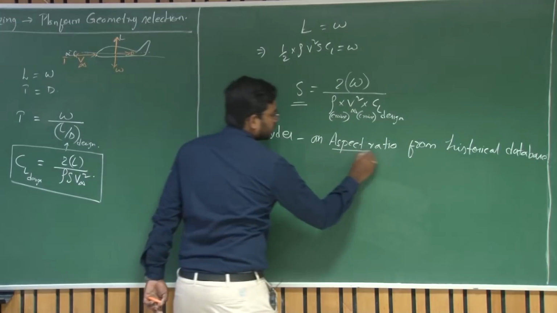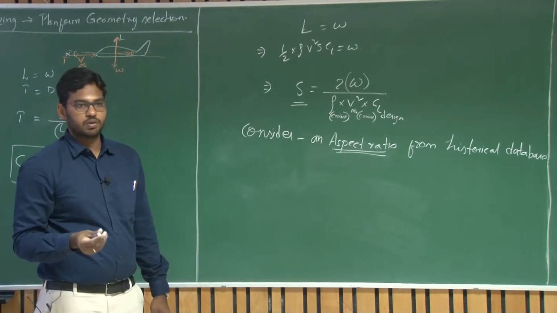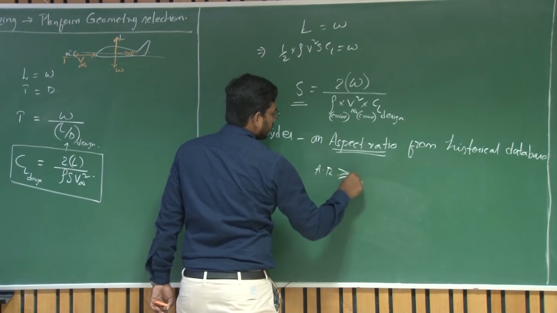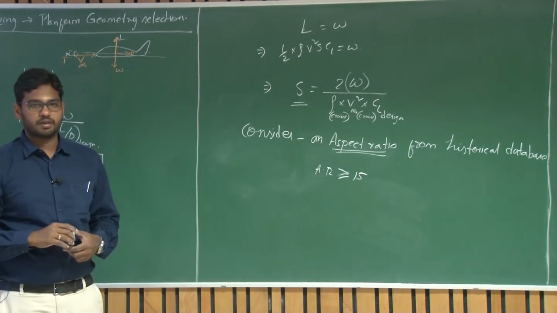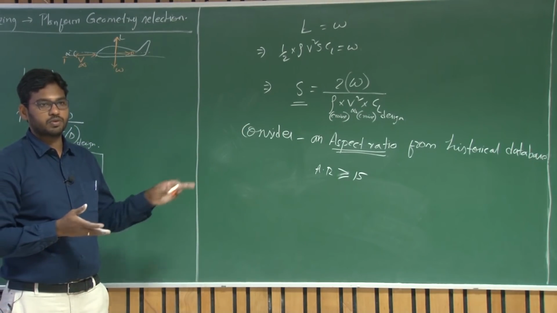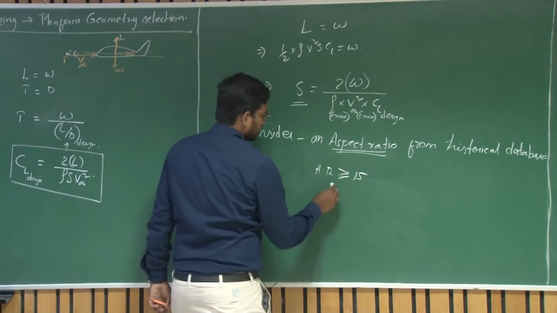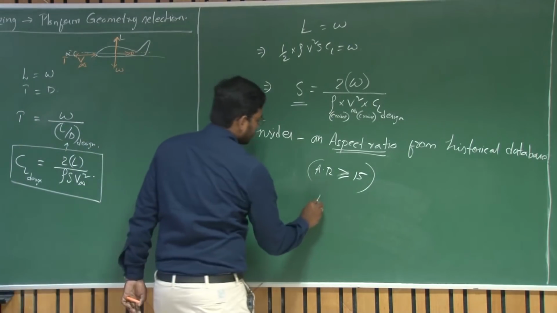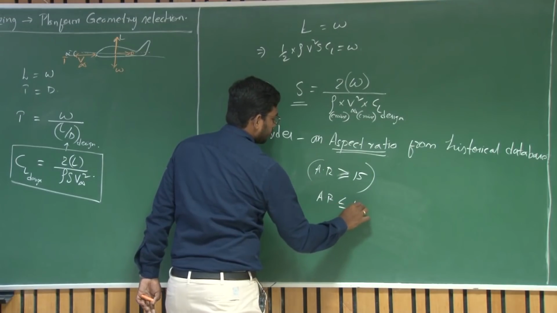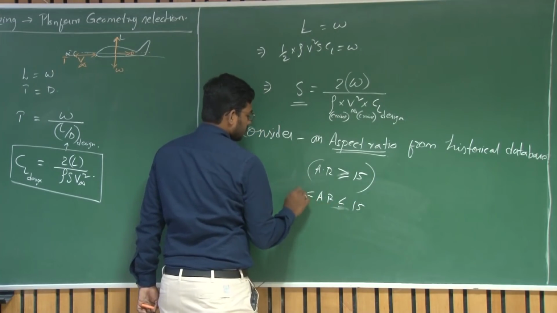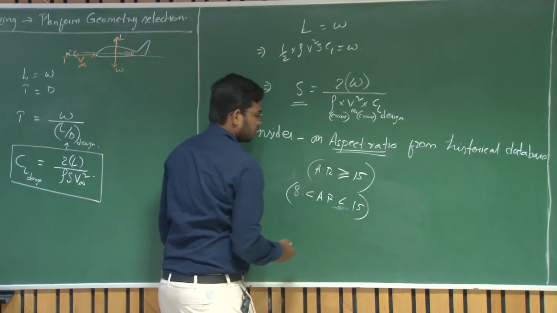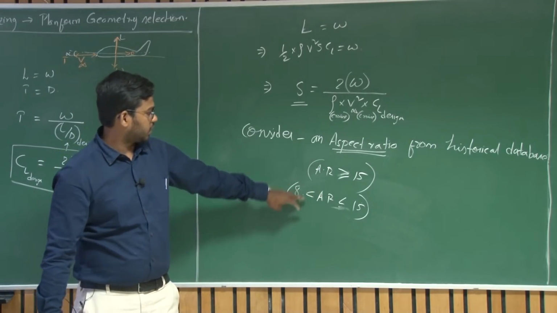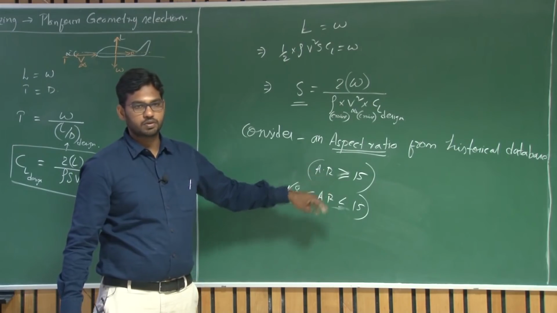So this aspect ratio classifies the type of UAV that you are going to design. If this aspect ratio is anything greater than 15, you can consider it a glider. That particular UAV class belongs to a glider, for all those UAVs having aspect ratio beyond 15. Anything between say 14 or 15 till 8 can be medium velocity UAVs, so their velocity of flight is higher compared to these UAVs.